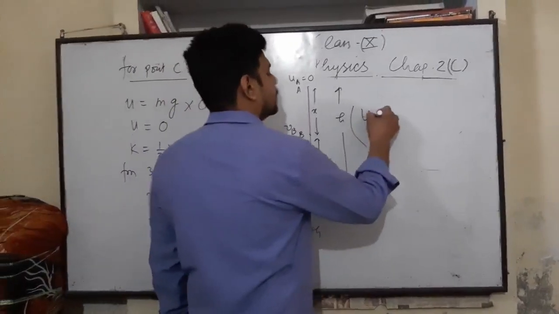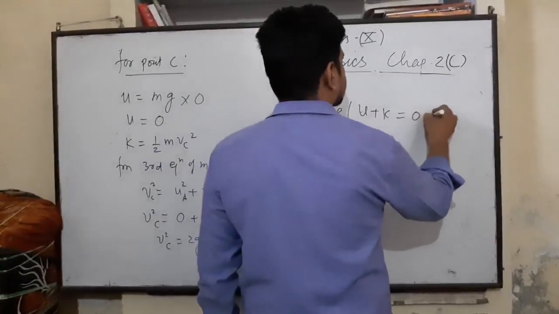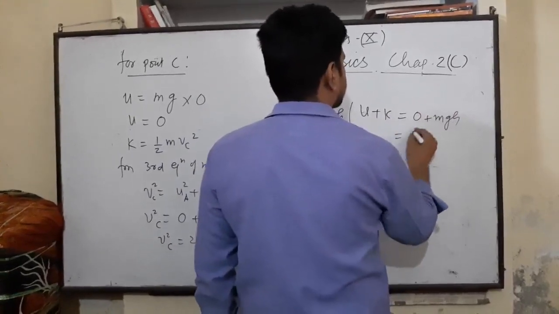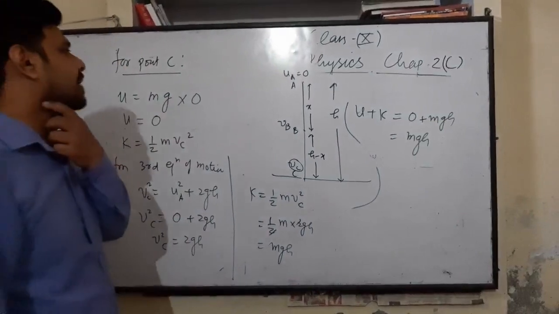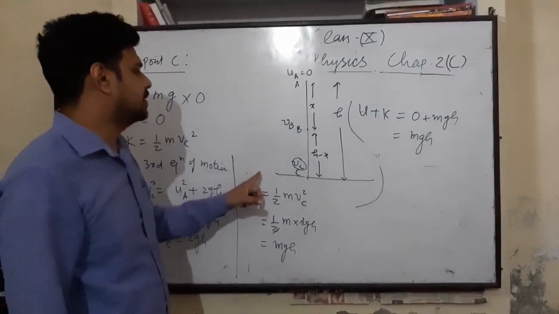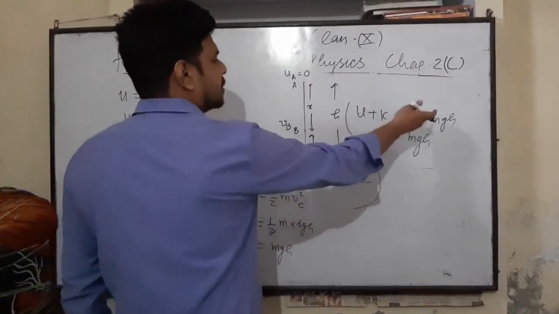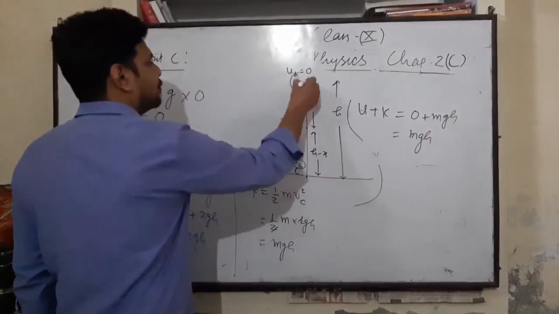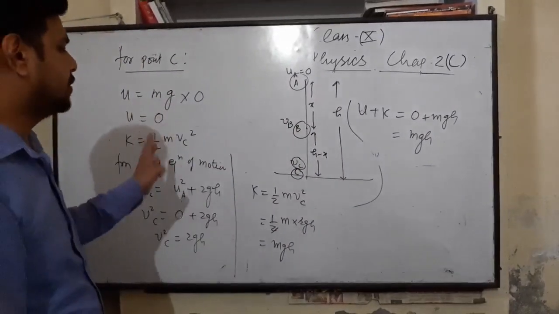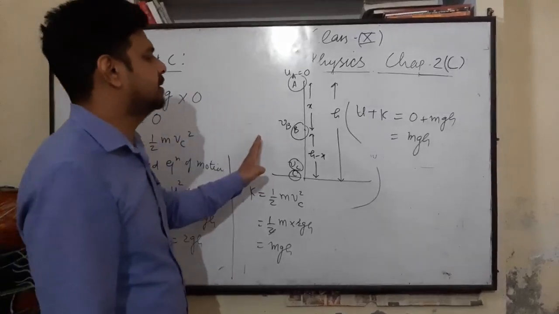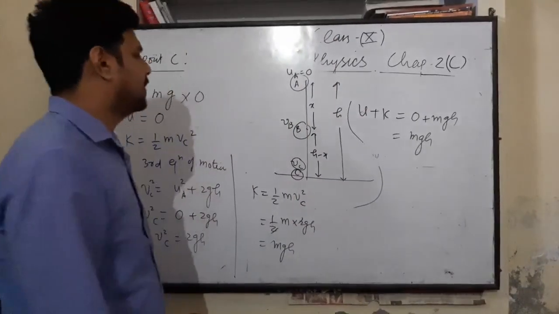Now we calculate the total energy, potential plus kinetic, which is 0 plus mgh, equal to mgh. Now you can see the sum of kinetic and potential energy for this object, which is moving under gravity, is constant and equal to mgh at point A, point B and point C. At all 3 points, the total energy of this object is mgh, which is constant throughout the path.